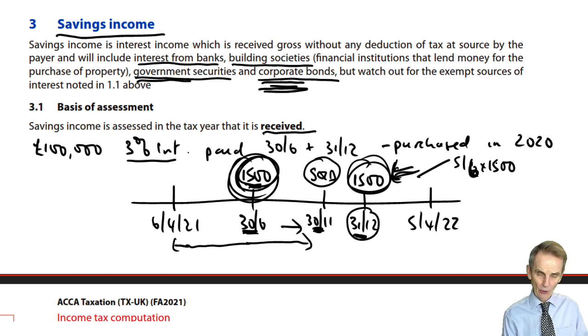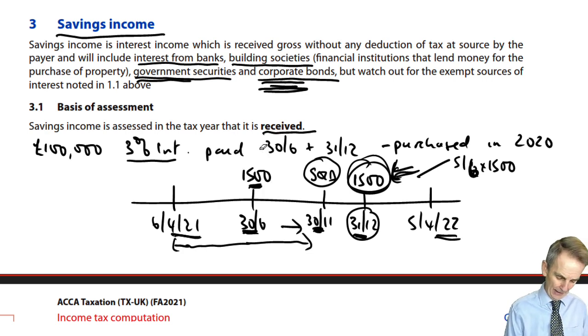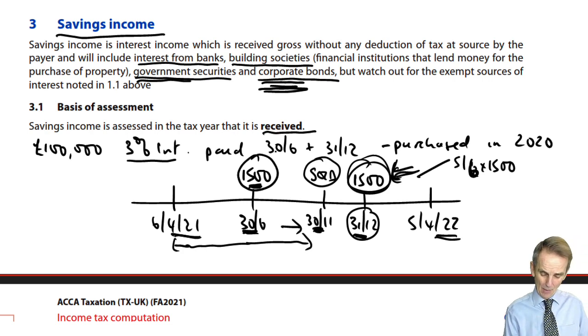So on sale, what now would happen in terms of the tax year 21-22, the tax year of sale, in terms of the interest income to be assessed on the taxpayer who has sold that security? It will be, got lots of circles there, haven't we? It will be the amount received, £1,500, plus the accrued interest to the date of sale.